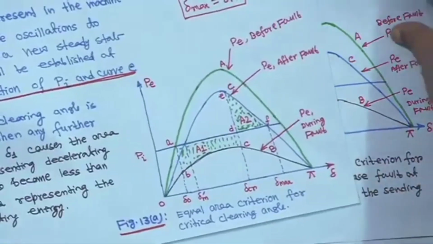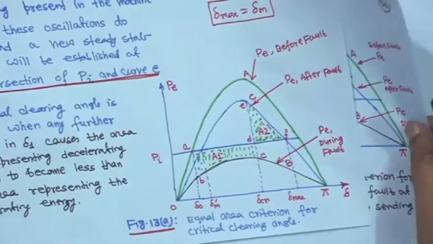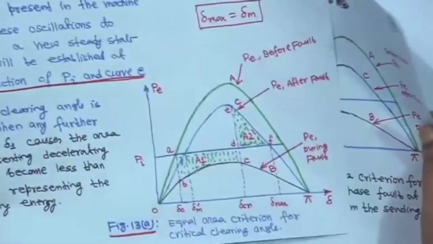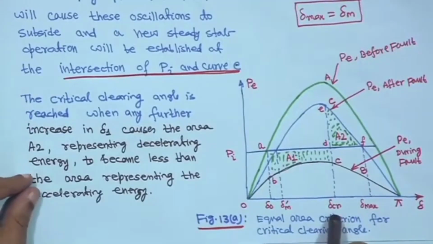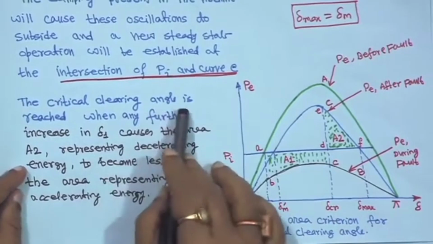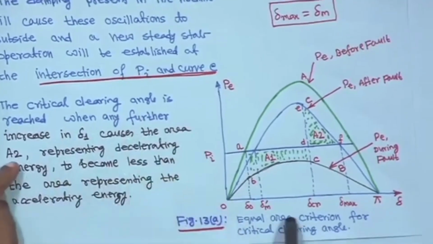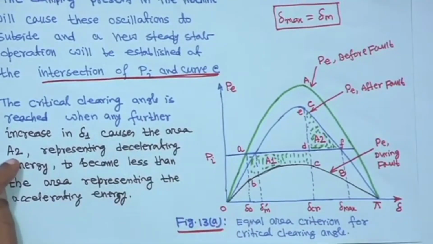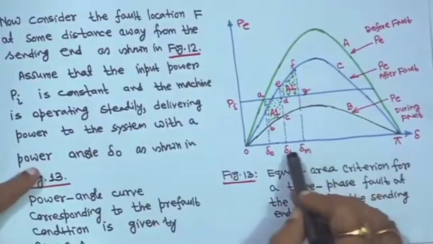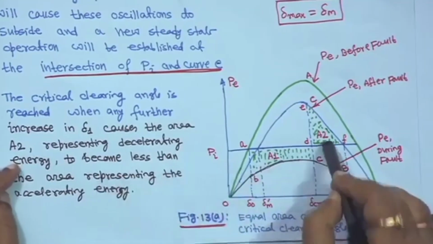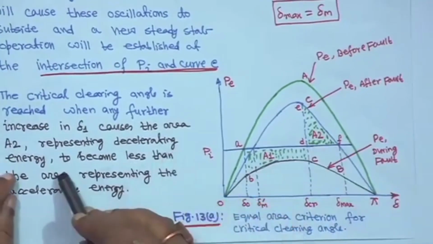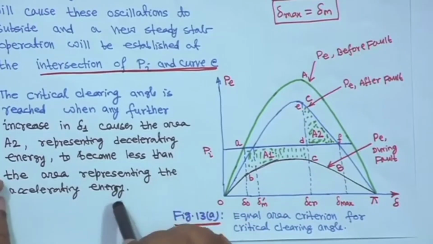Next, what will be the maximum critical clearing angle, delta CR, for this kind of problem? The critical clearing angle is reached when any further increase in delta 1, that means this delta 1 is increasing, causes the area A2, representing decelerating energy, to become less than the area representing the acceleration energy.